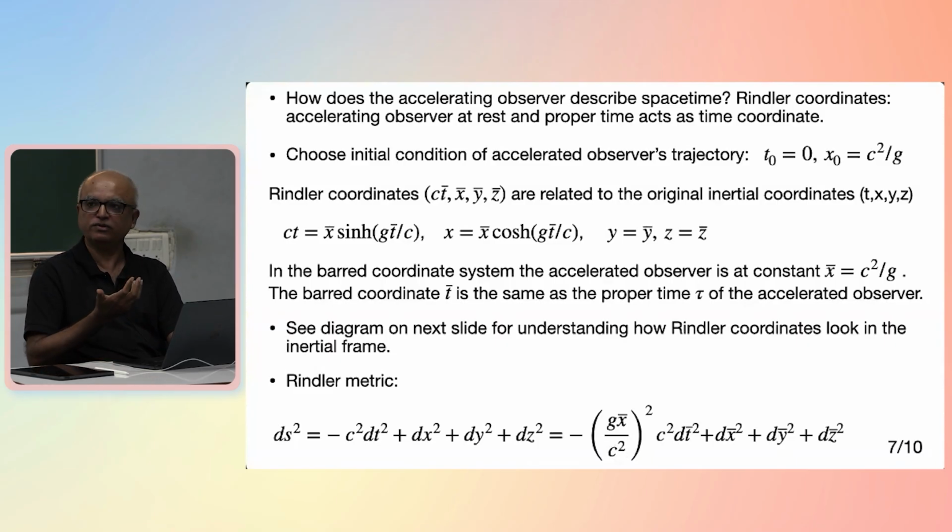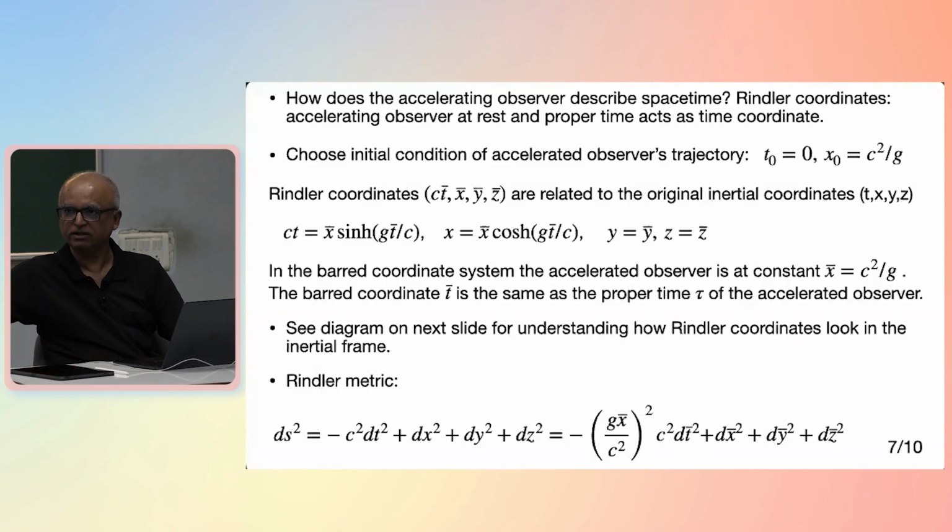Why are the Christoffel symbols non-zero? They represent the gravitational force. The gravitational force is there, but because it is uniform, there is no Riemann tensor, there is no curvature. Why is there a uniform gravitational field? Equivalence principle.